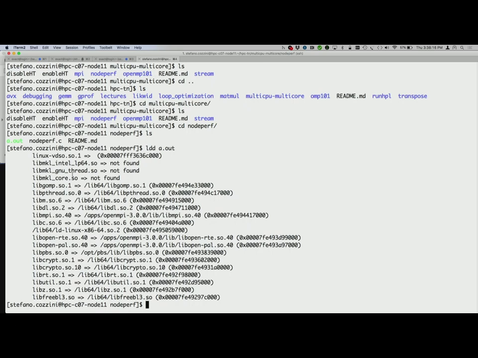Of course, there are a few libraries still missing because I haven't inserted yet the LD library path with these MKL routines. The compilation actually was, let me see if I remember.